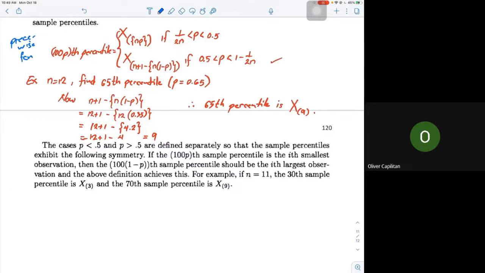For example, if n is equal to 11, then the 30th sample percentile is the order statistic X sub 3, and the 70th sample percentile is the order statistic X sub 9.